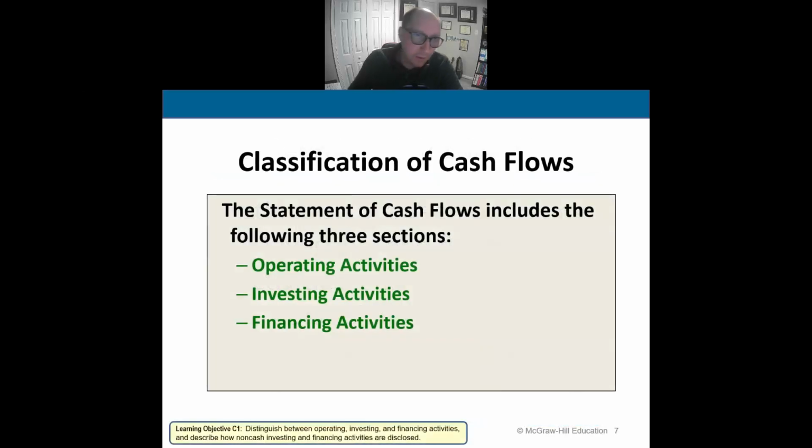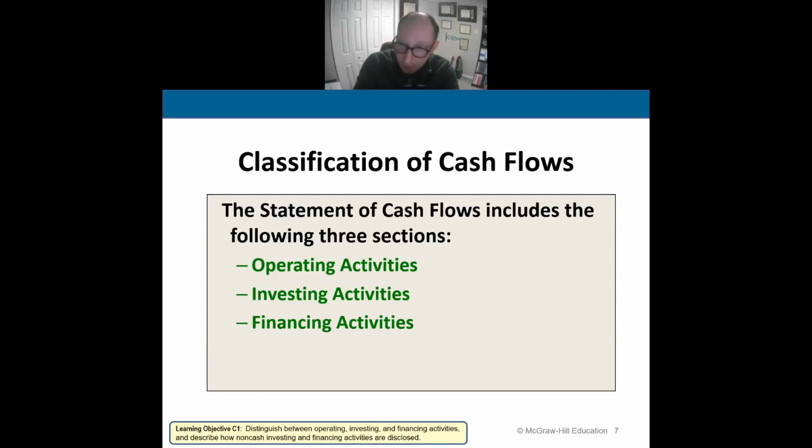Now, I mentioned that there are three classifications of cash. There are operating activities, investing activities, and financing activities. Operating activities are the use of cash for the day-to-day operations of the business. We have cash coming in from our customers from sales. We are receiving cash from collecting accounts receivable.